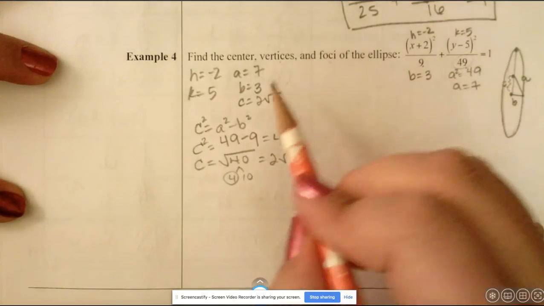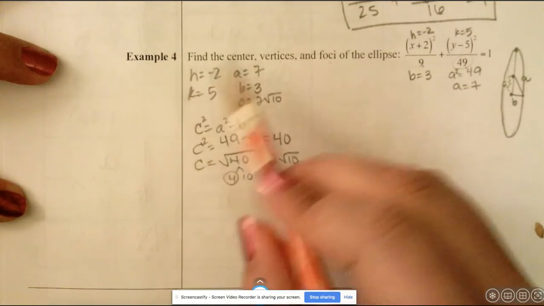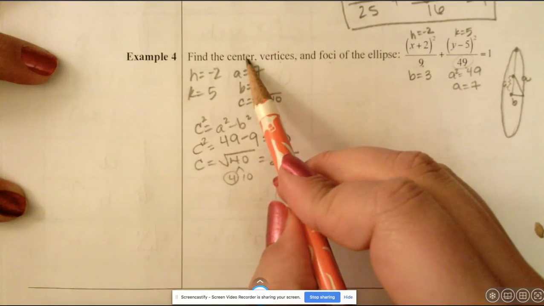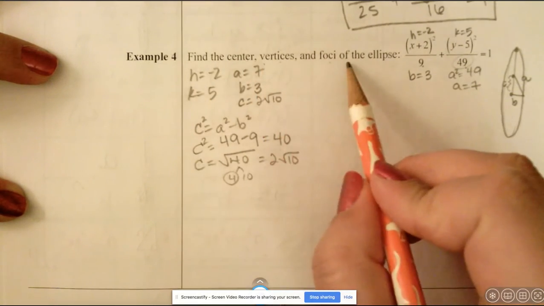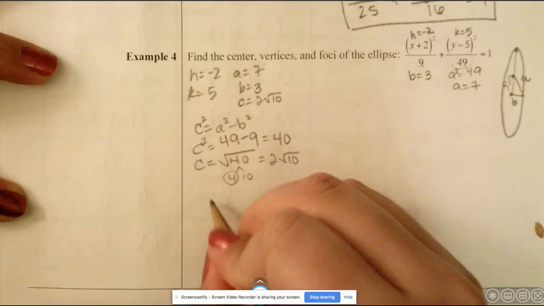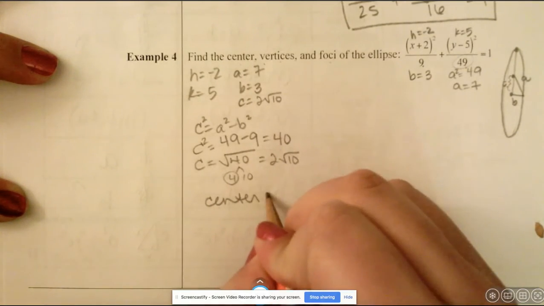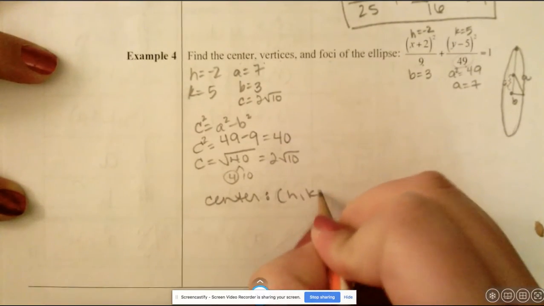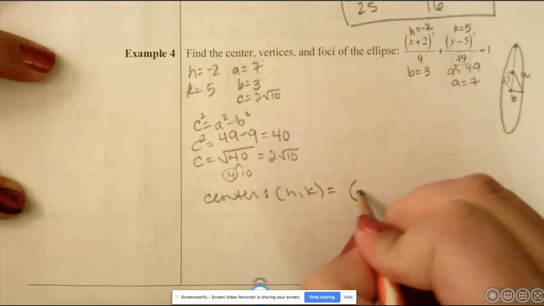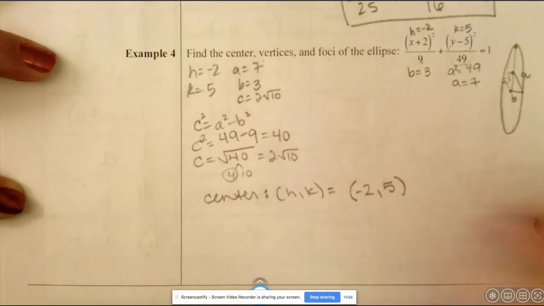Okay, but that's not what we're looking for. We need A, B, C, H, and K. But what we want to find is the center, vertices, and foci. So the center, which is H, K, is -2, 5.